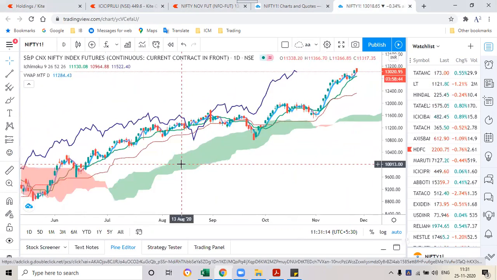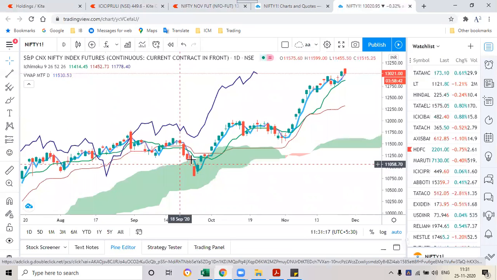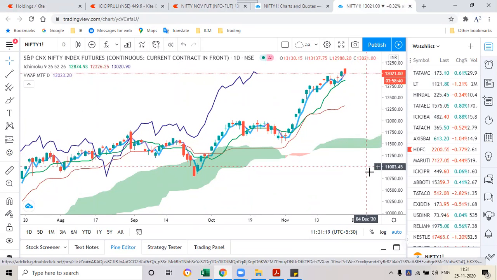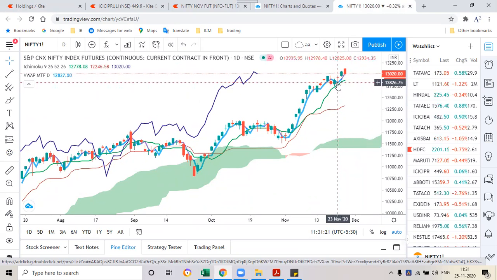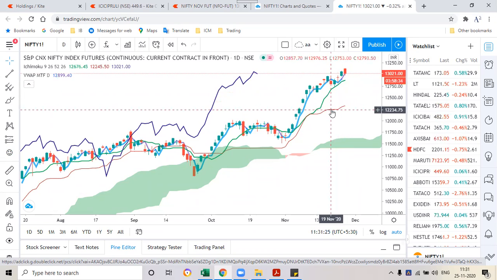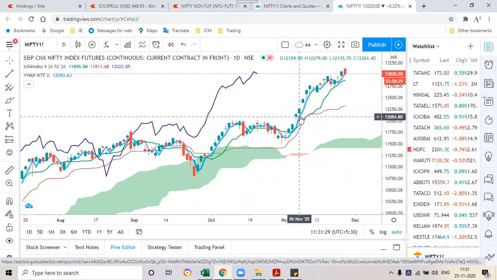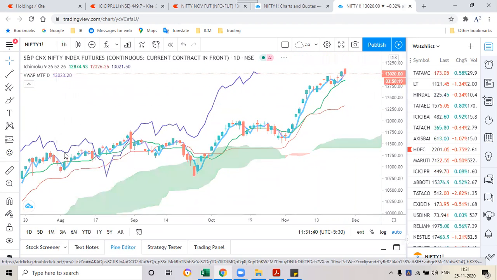So somewhere here, the market was going up, and then here, see here, when the price, not this year, a couple of days back, I took it. Somewhere here, around what was the level? 12,700 I had taken it. Somewhere here, in the hourly chart, you get it in hourly, not daily.